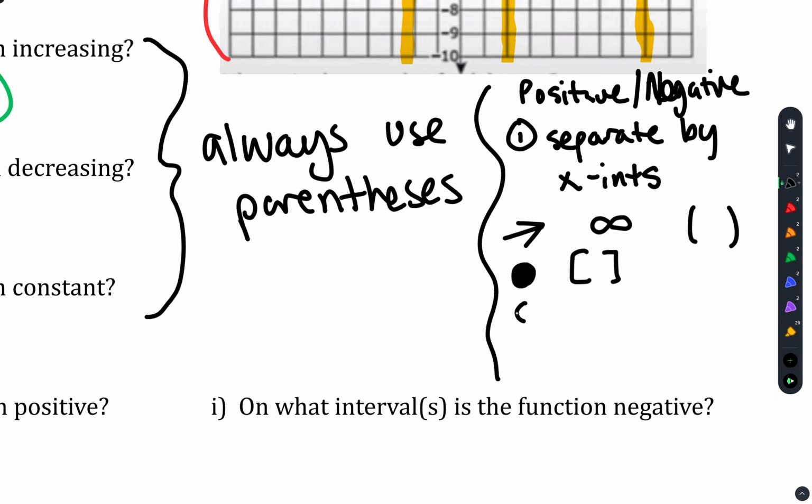If I have an open circle at the end of my interval, what am I going to use? And then the last one, this is unique to positive or negative. If the end point of my interval is the x-intercept, I should technically be using parentheses because at that point, it's technically not positive or negative, it's 0. So this is a good little cheat sheet. We're going to have arrows for infinity, which means parentheses, closed circle brackets, open circle parentheses, x-intercepts, always parentheses.